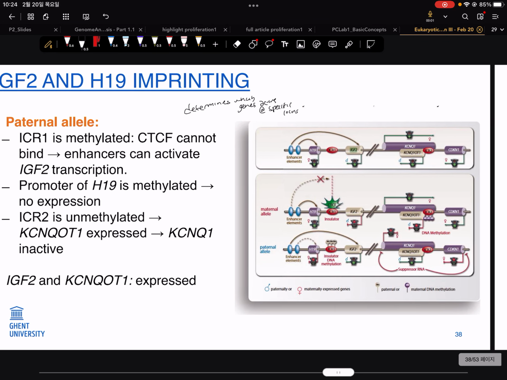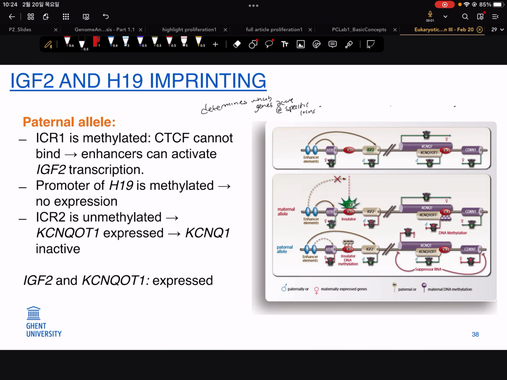From the maternal allele, H19, KCNQ1 and CDKN1C are expressed, while from the paternal allele, IGF2 is expressed and the antisense, this one is not expressed, is the antisense, that is the KCNQ1OT1.